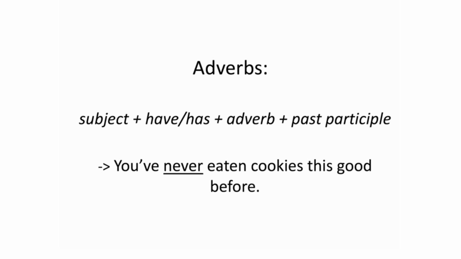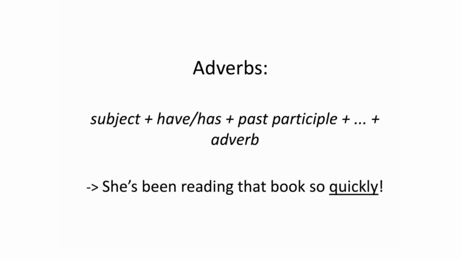For example, with the structure subject plus have or has plus adverb plus past participle: You've never eaten cookies this good before. Or with the structure subject plus have or has plus past participle plus an adverb at the end of the sentence: She's been reading that book so quickly.